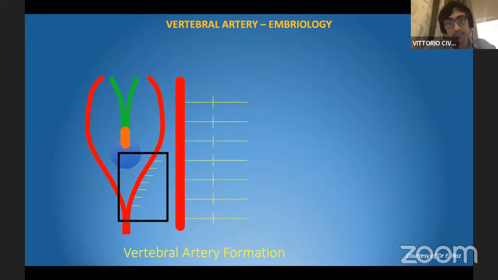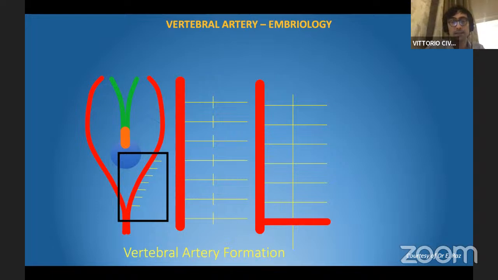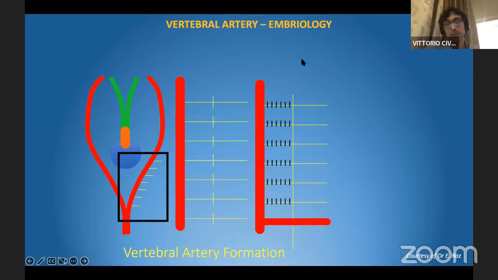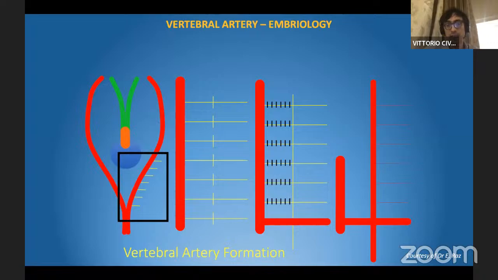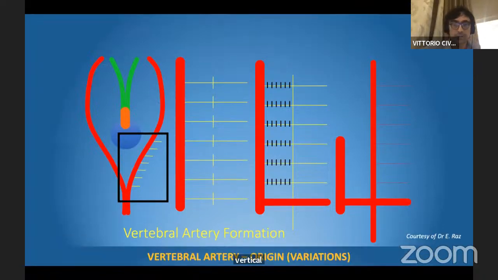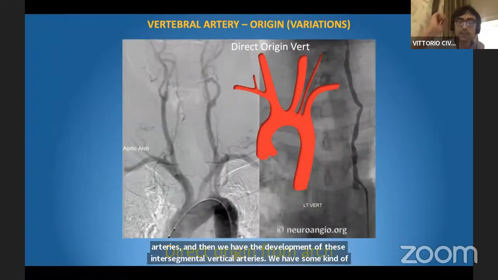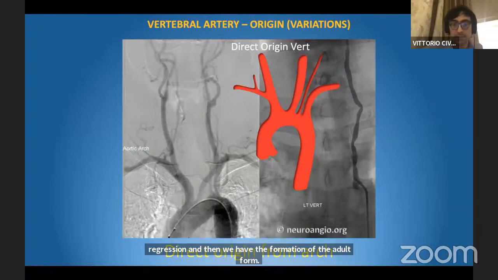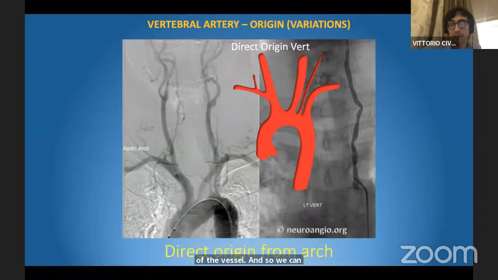We have these segmental arteries, and then the development of these intersegmental vertical arteries. We have some kind of regression, and then the formation of the adult form of the vessel. And so we can explain the different configurations that we can find in our studies.